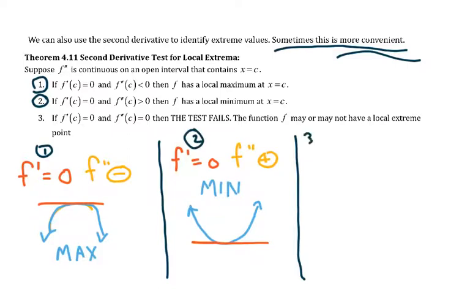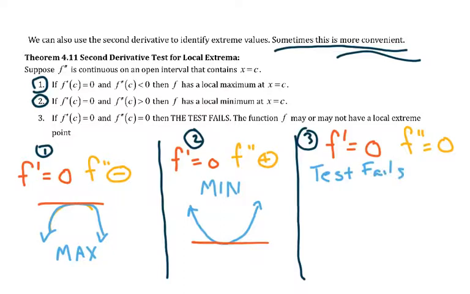For number 3, we have the situation where the first derivative equals 0 and the second derivative equals 0. And here, well, unfortunately, the test fails. You would have to do a little more work to figure out what's going on.